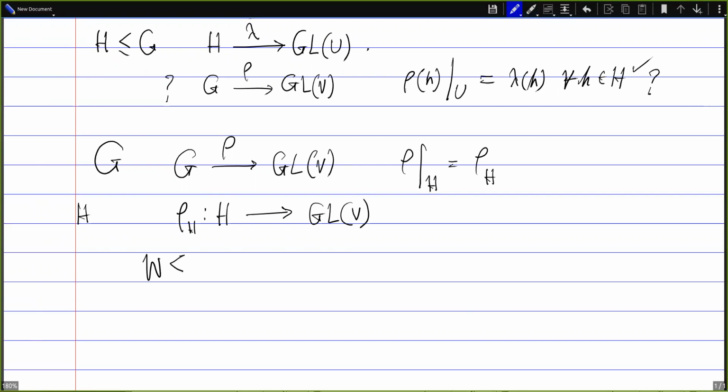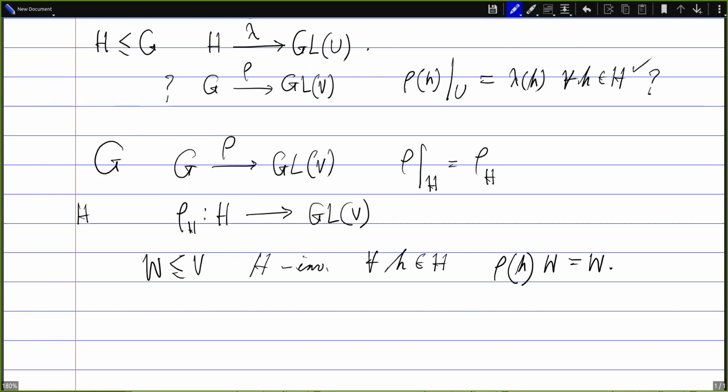Let W be a subspace of V which is H-invariant. What I mean by H-invariant is, for every h in H, rho_h(W) is W. So this is what I mean by H-invariance.